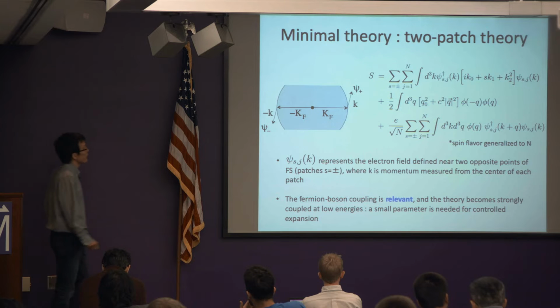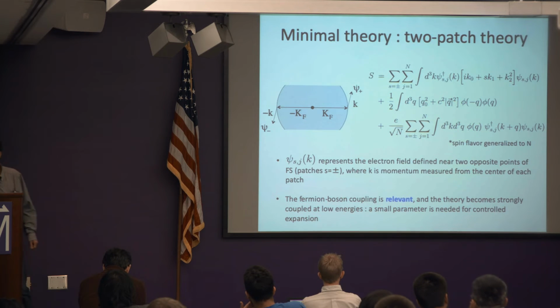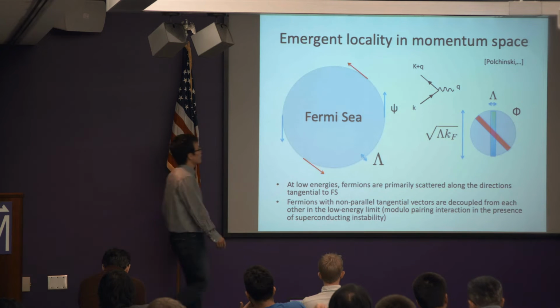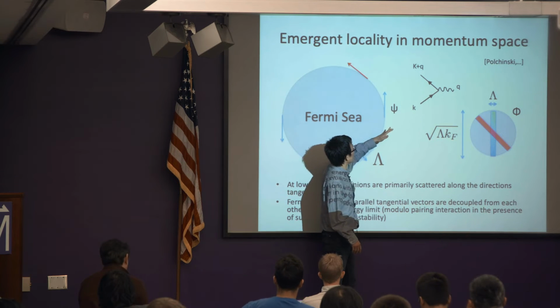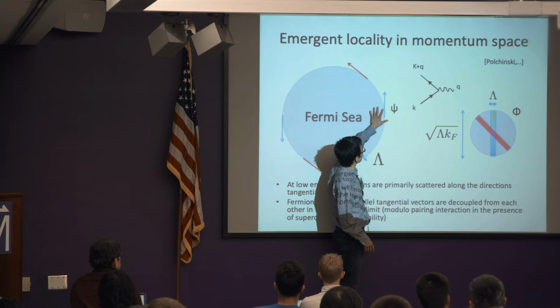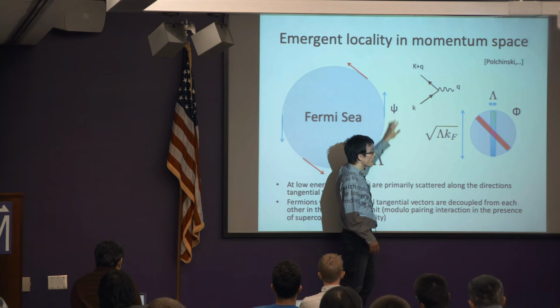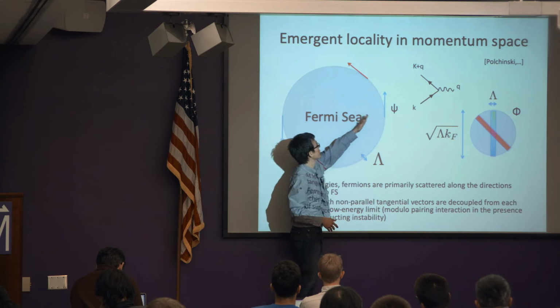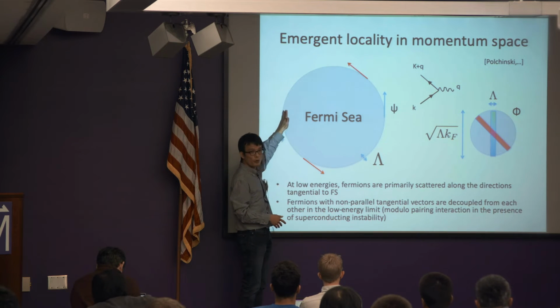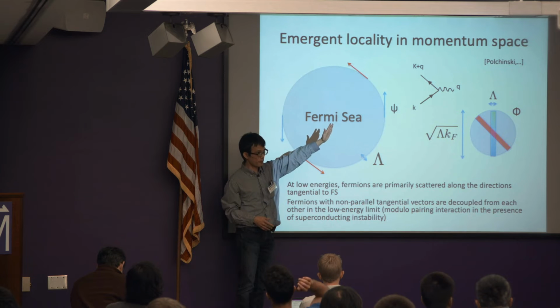So this is the, say, okay. Before we move there, if I want to understand the properties of electrons in this region, I have to include the electrons in this patch of the Fermi surface and the bosonic mode within this bar. But also there's an antipodal point where the Fermi surface is tangential to that part, right?